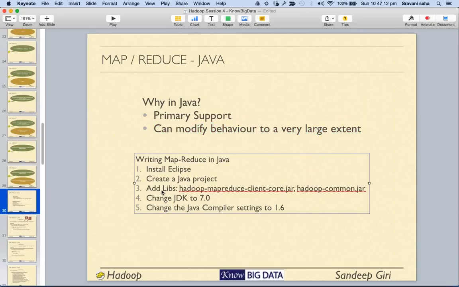Now, to start working on Java for MapReduce, you have to first install Eclipse.